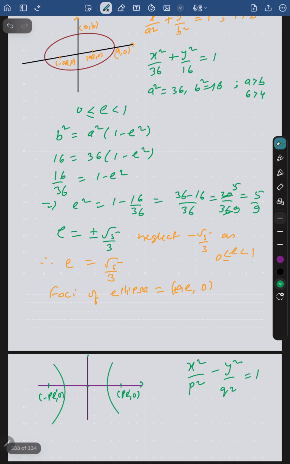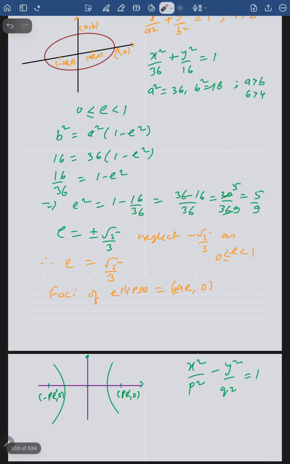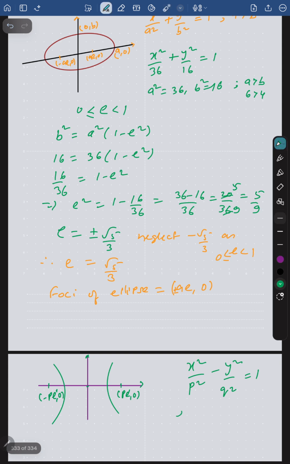So in our hyperbola, we don't know p and q. We only know e dash, that is the eccentricity of the hyperbola. e dash is given as 5 in our question. Also, the foci of the hyperbola are the same as those of the ellipse, here it will be (p e dash, 0).